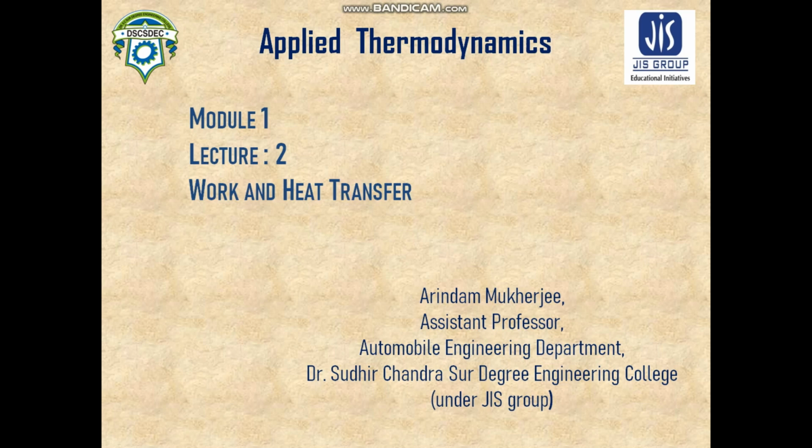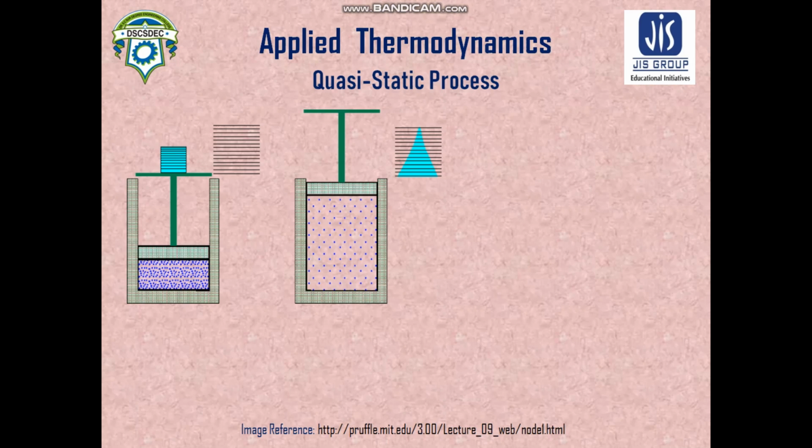So in the previous class we had discussed this quasi-equilibrium process. Today we shall be discussing much deeper into it. So let us see what happens if we plot this whole concept graphically. So let us see the graphical aspect of this quasi-static process.